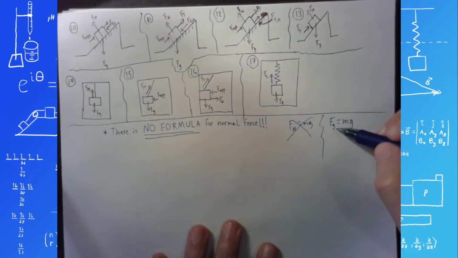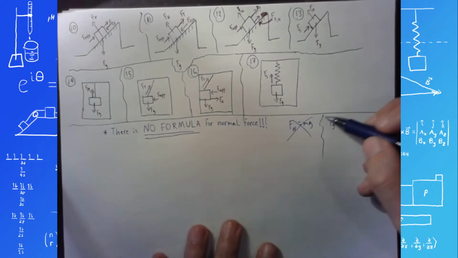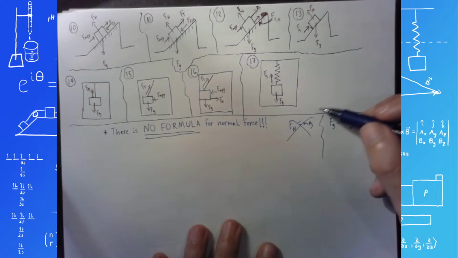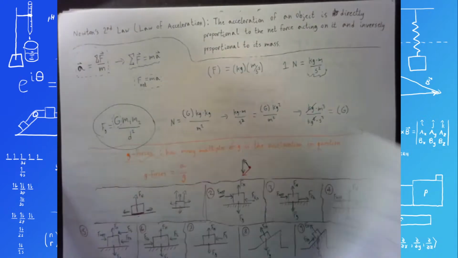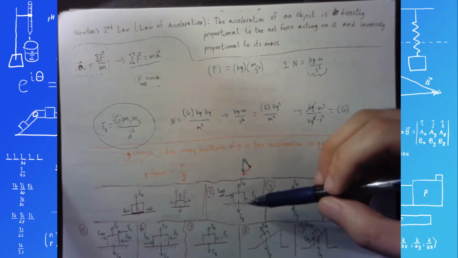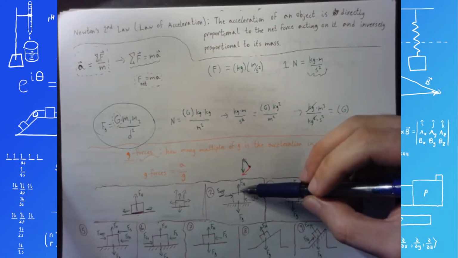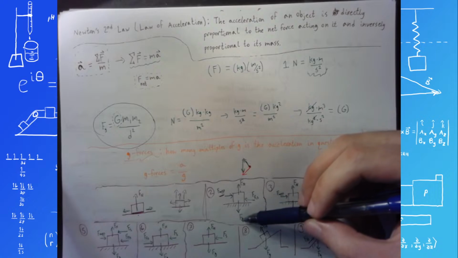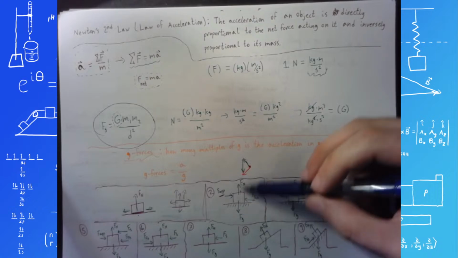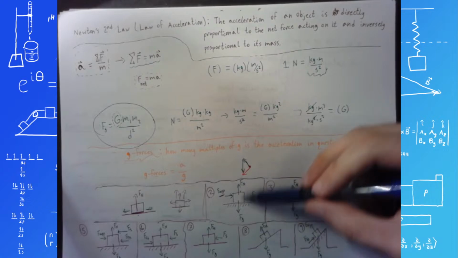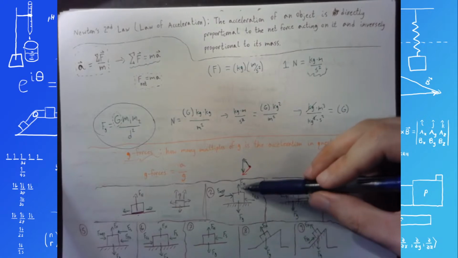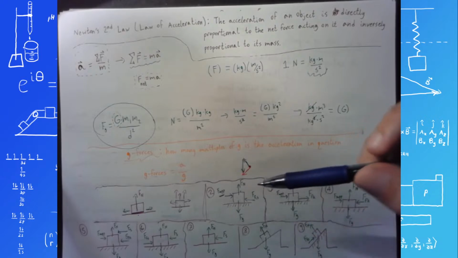So a lot of people will mistakenly assume that normal force is equal to mg always, but that's not true. Where this myth comes from is a common scenario, which we actually saw in some of our diagrams, where an object will have a normal force opposing a gravitational force, and there are no other forces along that direction, in this case, the vertical direction.